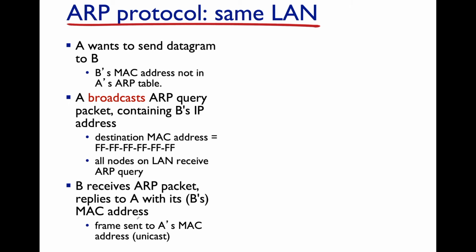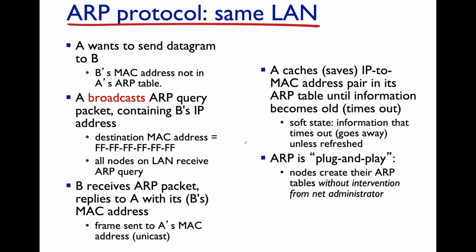When B responds back to A, the source address is B's MAC address and the destination address is A's MAC address. It got A's MAC address when that query went out. When A gets that response from B, it saves a copy of B's IP address along with B's MAC address and puts it in the table as an entry.